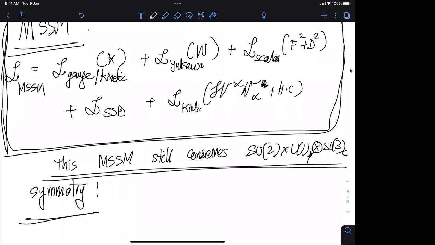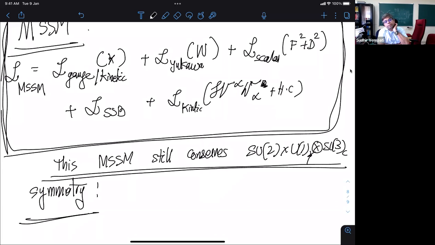Okay. So here this L SSB contains all the soft terms, all these 100 and all these mass parameters. Okay.